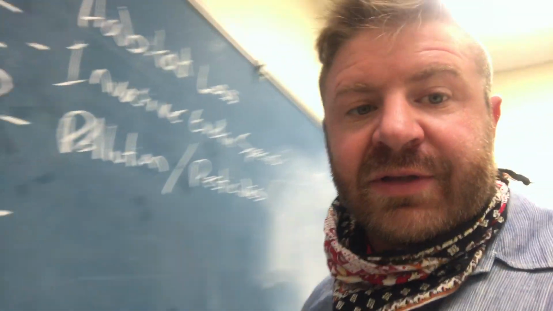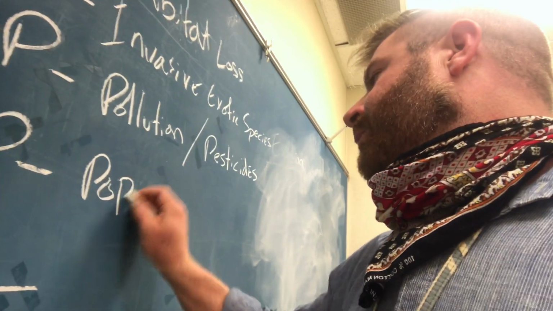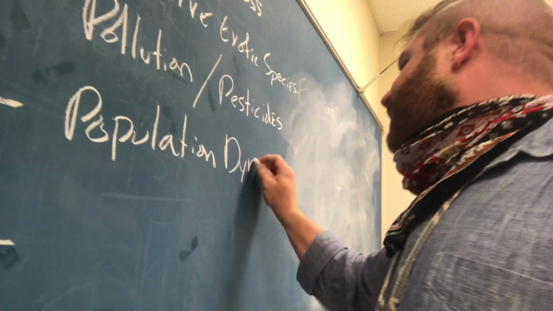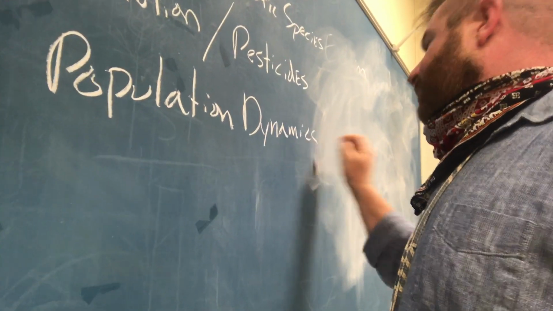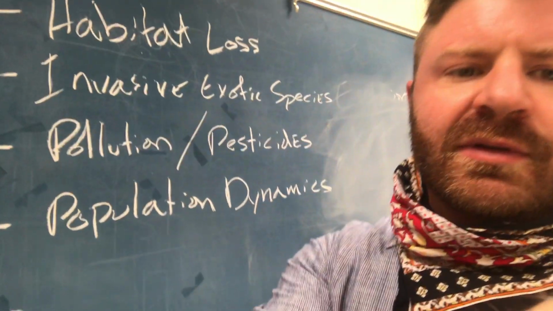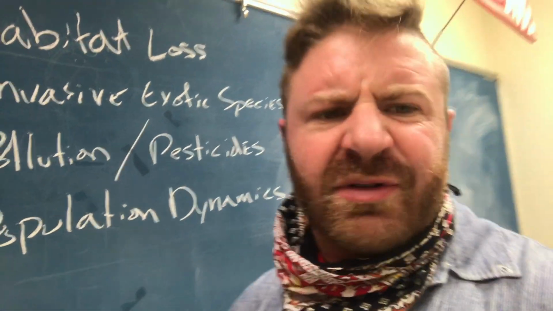This next one is just good old-fashioned population dynamics. And we talked about this sort of briefly, but sometimes a population just doesn't breed enough, right? Certain things can happen, like they're not particularly productive, or there's a genetic bottleneck or something like that.